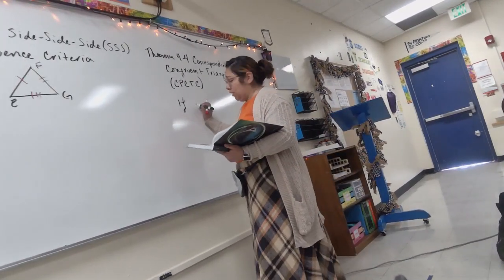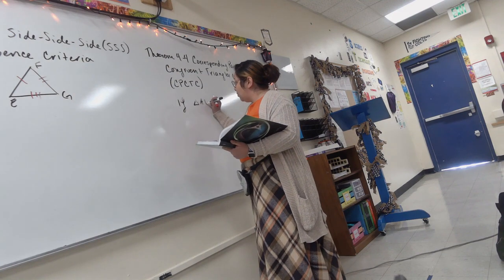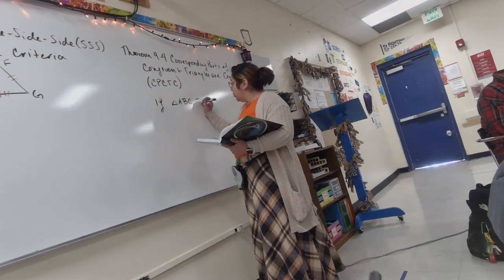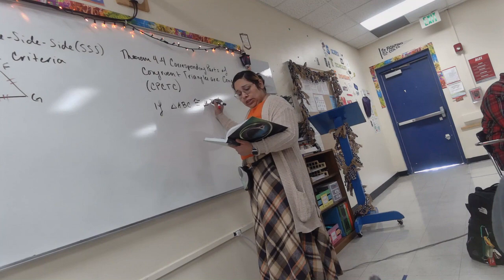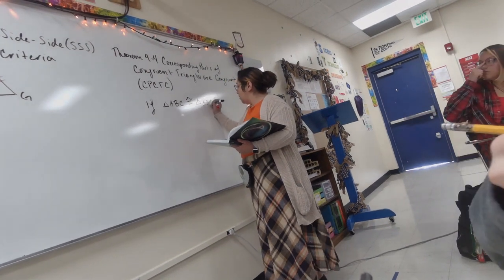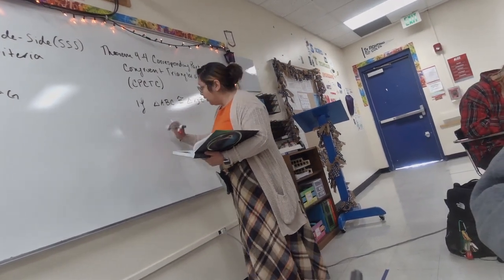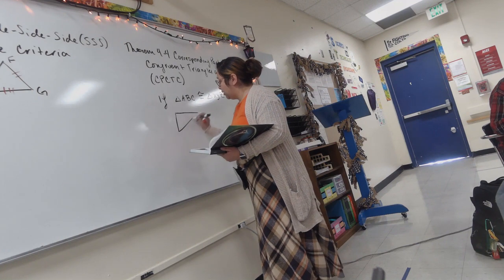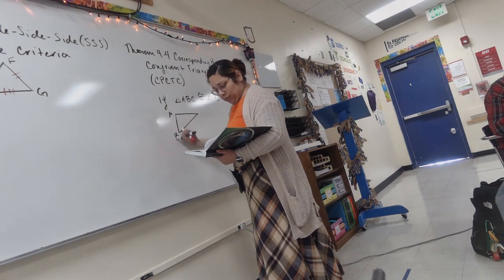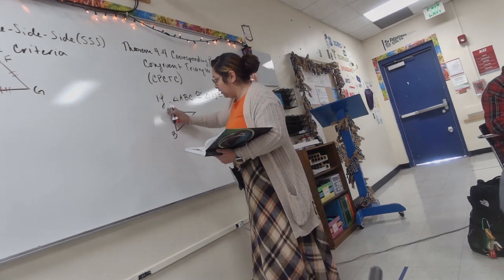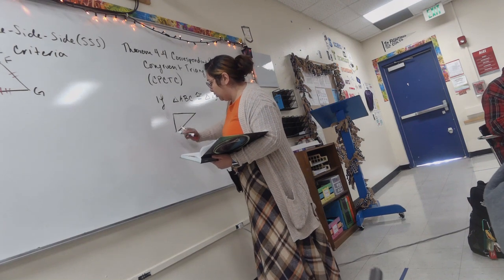If I've got triangle ABC is congruent to triangle XYZ. And then I've got this little figure over here. A, B, BA. Start at the bottom on this one.